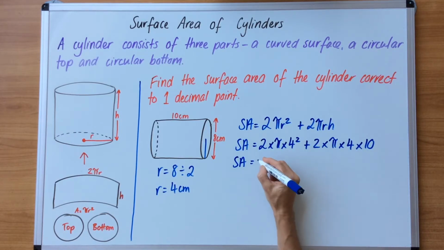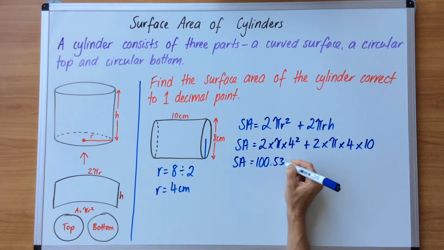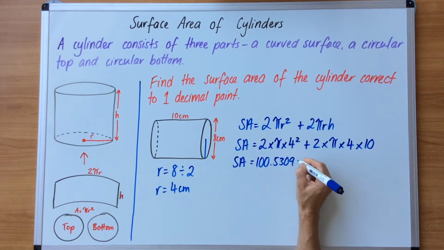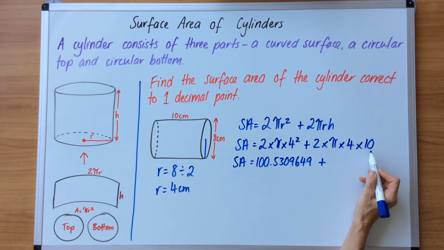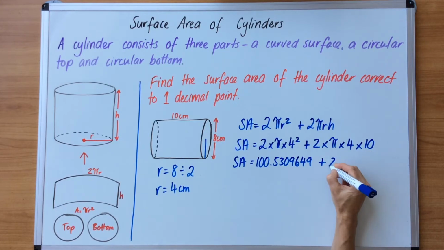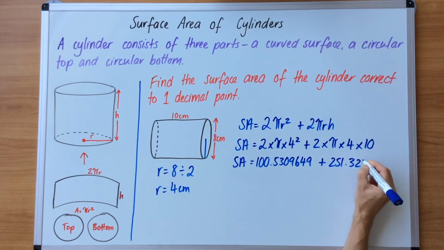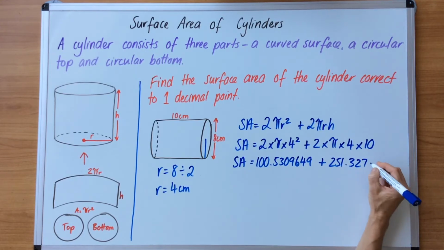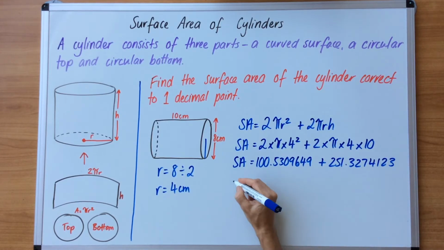And when I do that, I get 100.5309649, and I add it to this one here, 2 times pi button times 4 times 10, and I get 251.3274123.